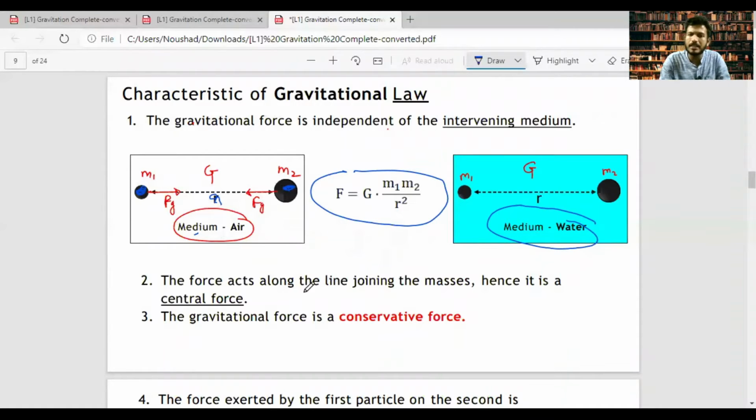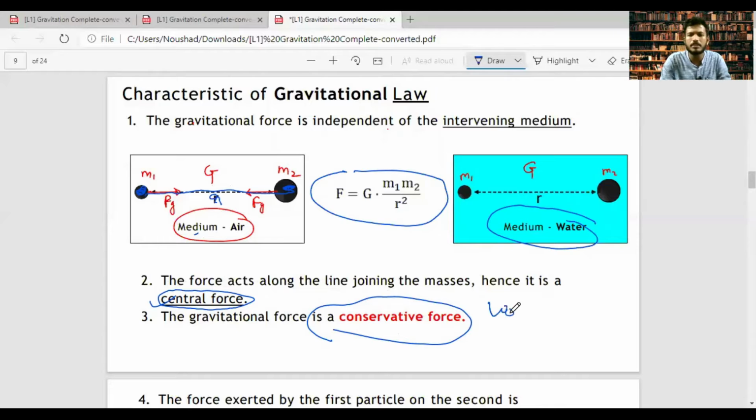The force acts along the line joining the masses, hence it is a central force. I already told that. The force acts along the line joining the bodies, so that is called a central force. Next, the gravitational force is a conservative force. What do you mean by conservative?